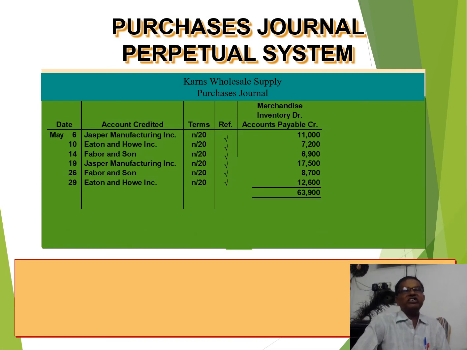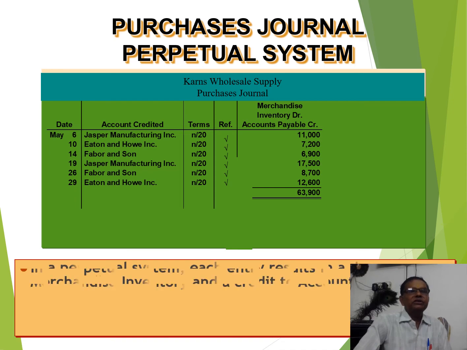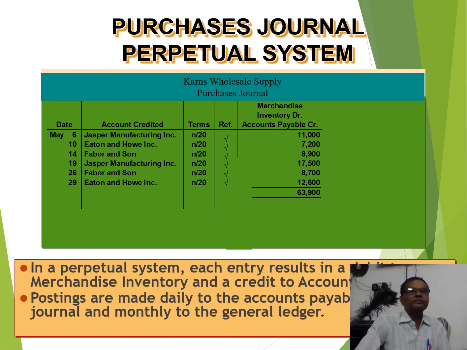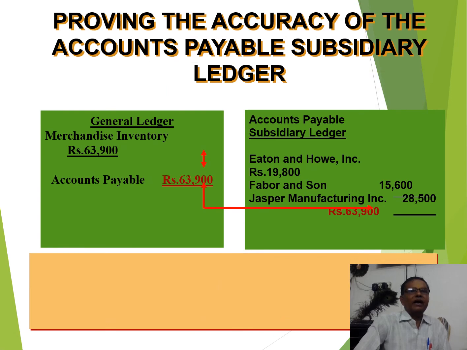Here in the purchase journal system, one simple example is provided for better understanding. Again here is the test of accuracy of the accounts payable ledger.